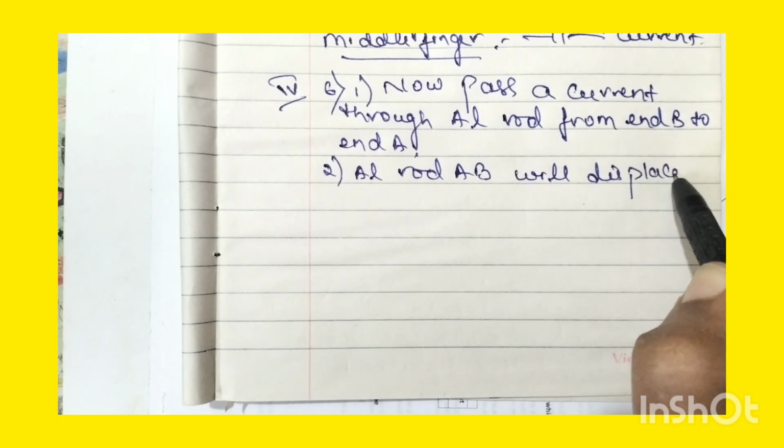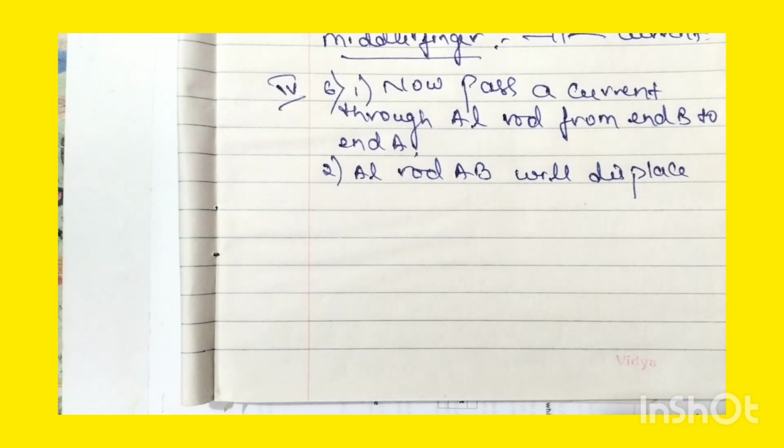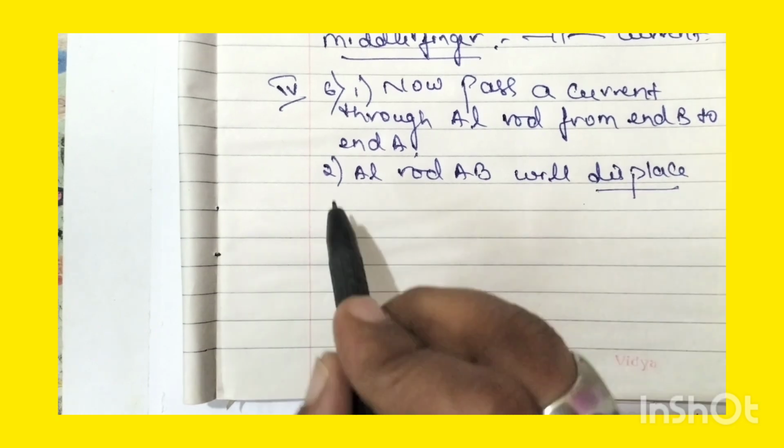That means a force will be exerted on aluminium rod AB, and that exerted force will displace the aluminium rod.